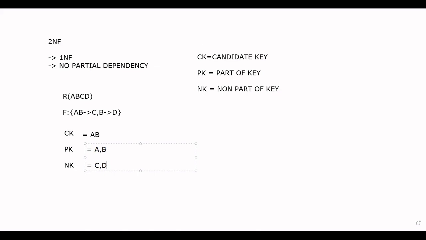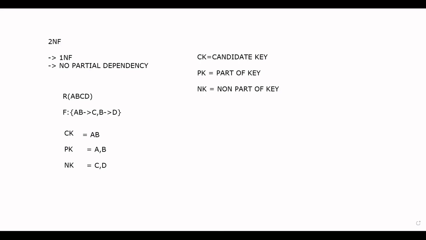After that, what you have to do? Go here and check whether this condition holds or not. So first of all, AB is a candidate key. All of you write down one note at the top of this. Draw a box here and write it separately. Everyone write down this note at the top of your notebook. It's very important.